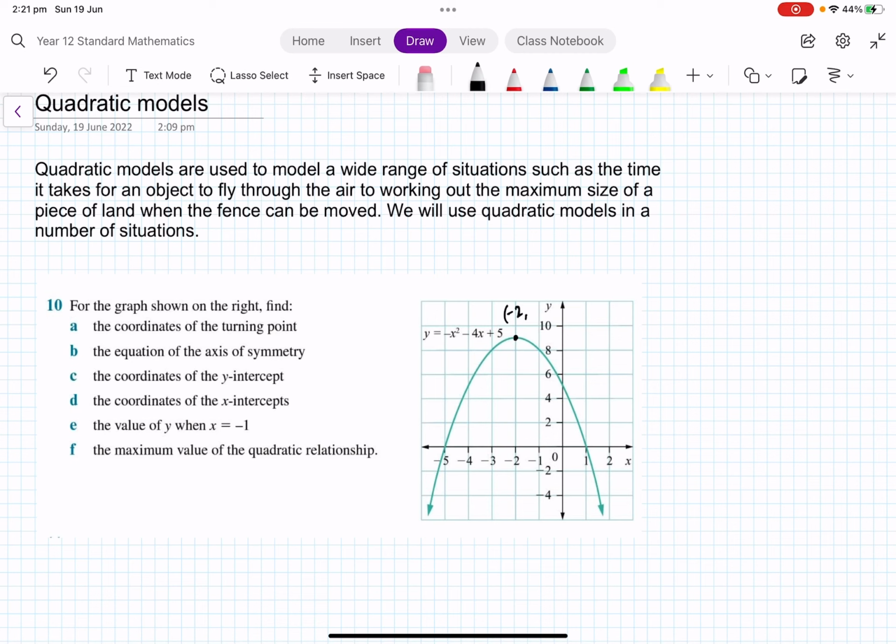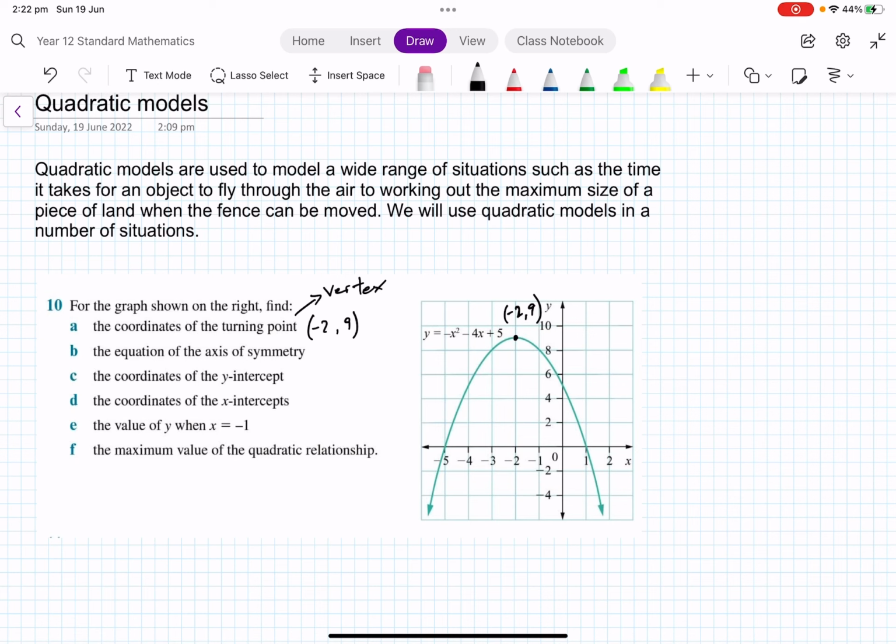So -2, 9 is off the graph, and I think that should be correct, and yes, it is, but that's okay. I can verify that from the function, y equals -x squared minus 4x plus 5. So the turning point is -2, 9, and vertex is also a word that's often used for that.